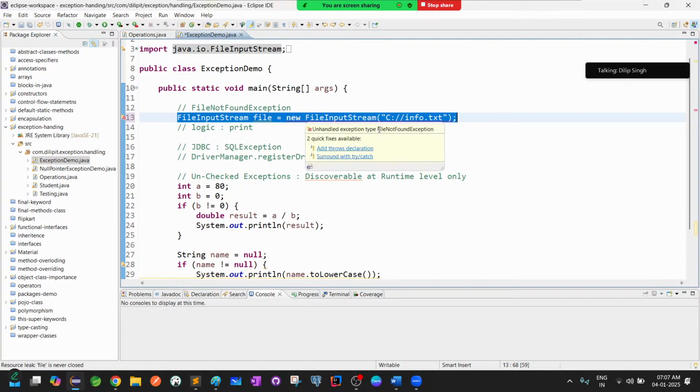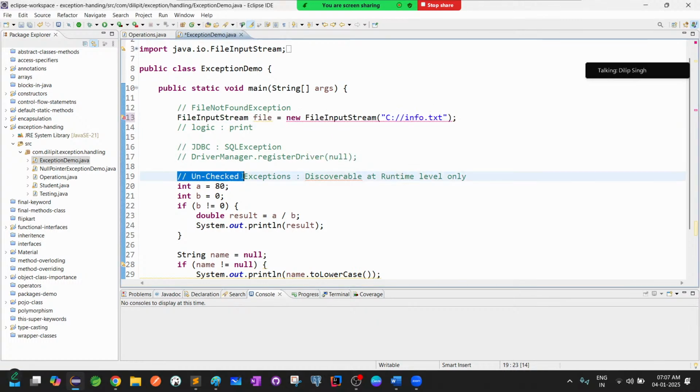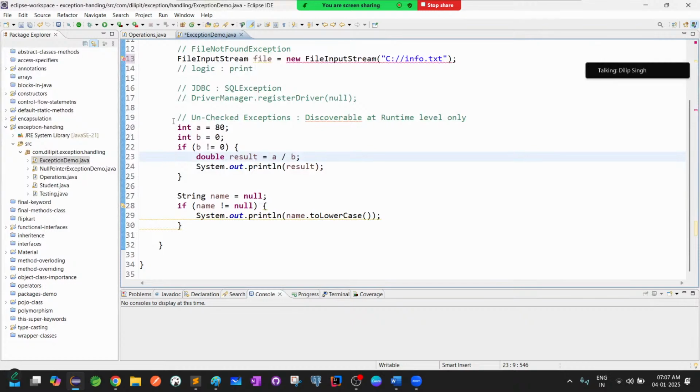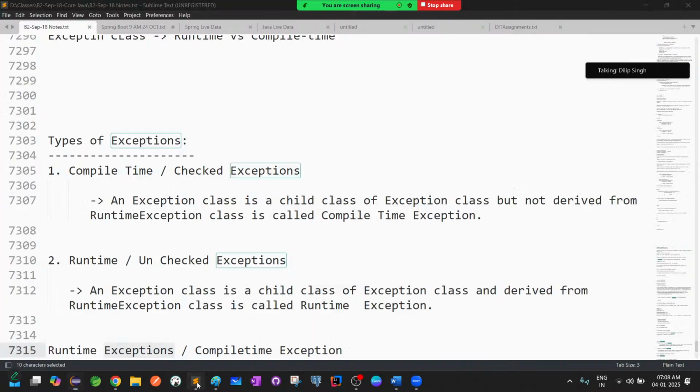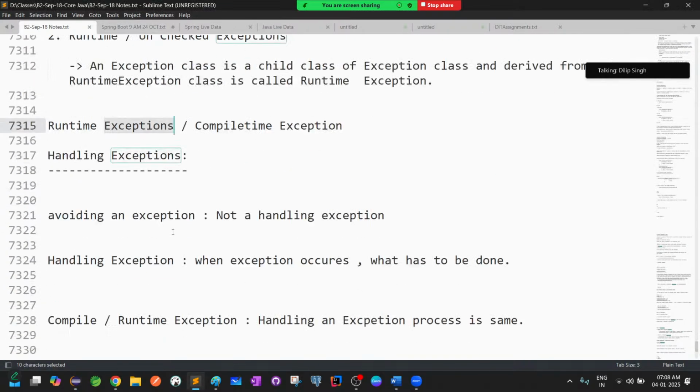While compiling itself, we know what exception it will raise. But we can't check what kind of exception you will get with respect to runtime exceptions. It may be a null pointer, a division, an index, any kind of exception based on the logic you implemented. We are not guaranteed what kind of exception you will get, or whether you will get an exception at all. That is how we identify compile time versus runtime exceptions.